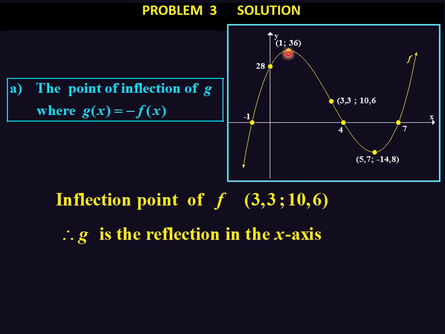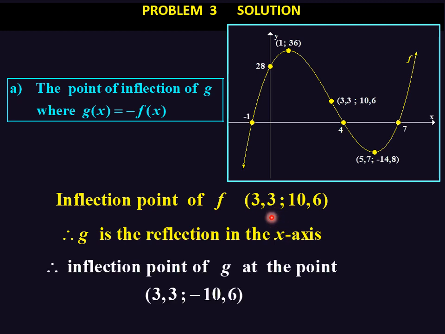Reflection in the x-axis means that the 1 will stay a 1, but that 36 becomes a -36, and that 5.77 stays. It's the y values that change. When you reflect in the x-axis, the x coordinate remains the same. So we just change the 10.6 to negative 10.6.